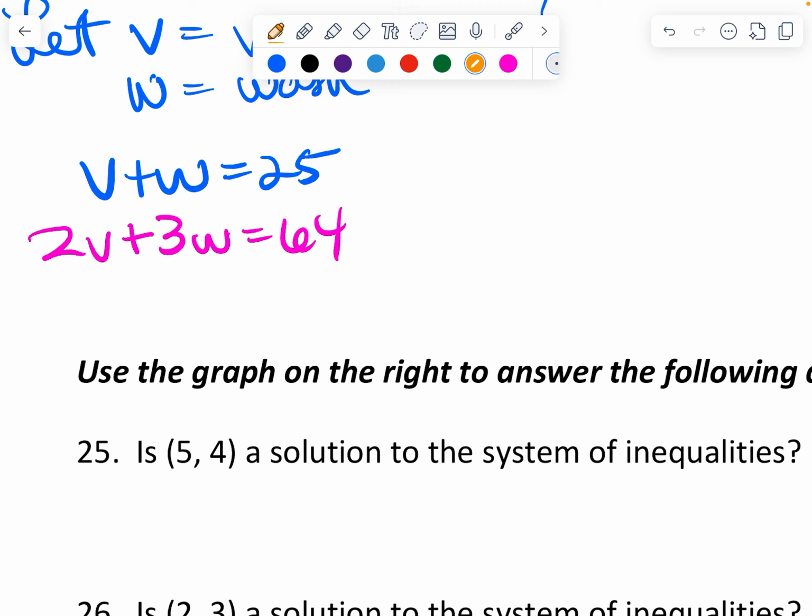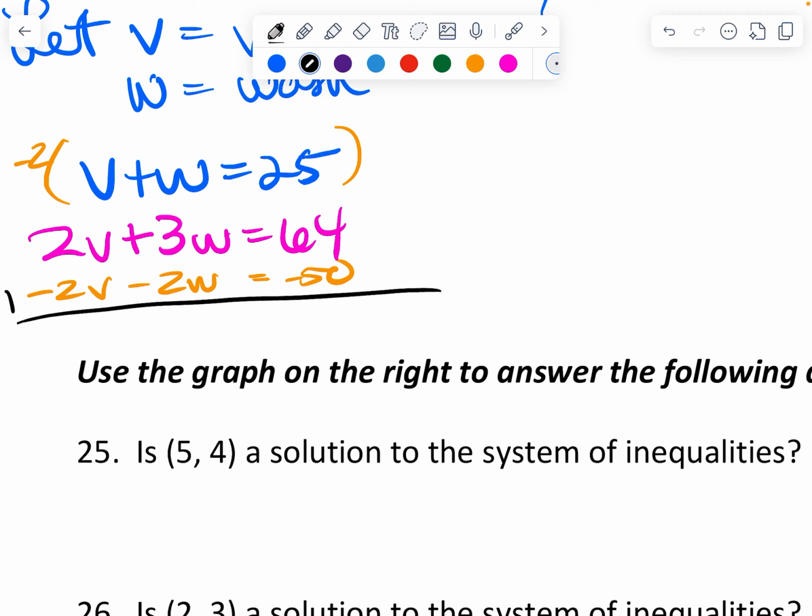I'm going to multiply through by -2. -2V minus 2W equals -50. Add those up. I would get W equals 14. So I plug it back in. So V plus 14 equals 25. So V is going to equal 11.